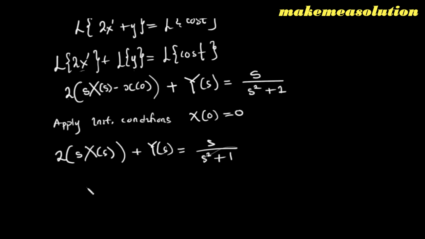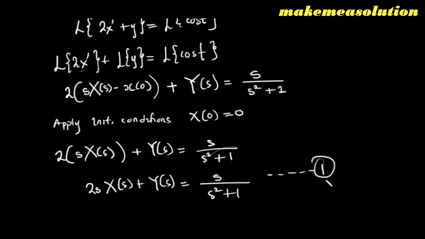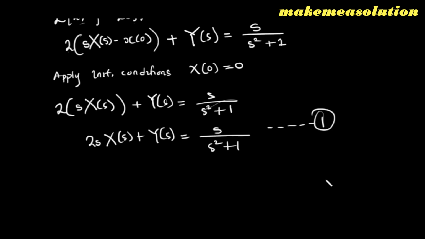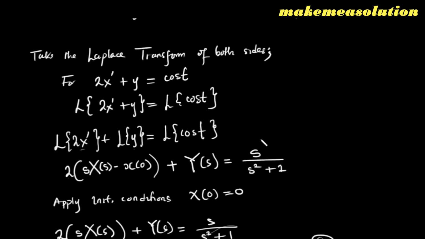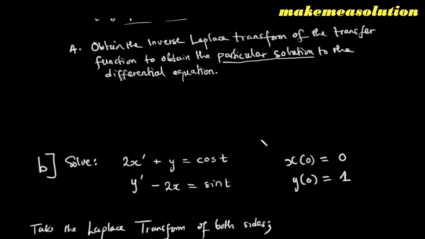So at last I have 2s X of s plus Y of s equal to s all over s squared plus 1. I'll call this equation 1. Okay, we have succeeded in getting equation 1 for the first system.